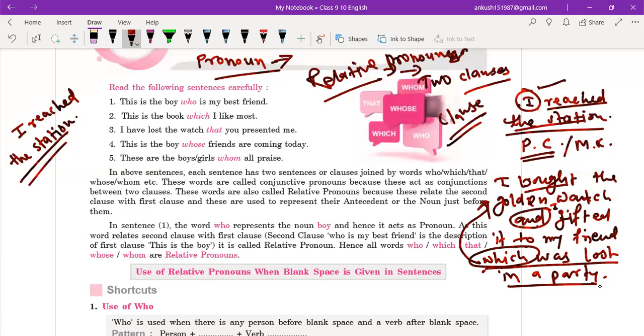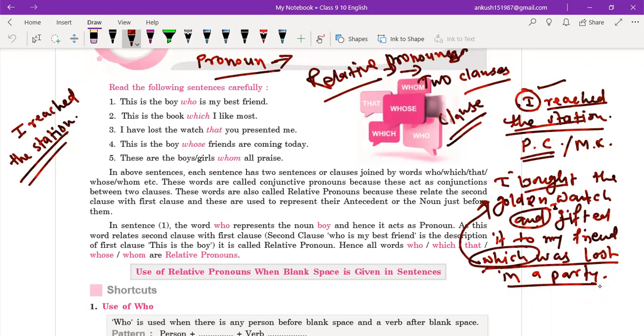Understood? Yes, sir. Okay. Now, this sentence, what I wrote here, gives you the principal clause, the coordinating clause, as well as the subordinating clause. So, whenever we say the relative pronoun, we are not here to learn about the clauses, but it has come to the point. That is why I explained about clause here. Got it?